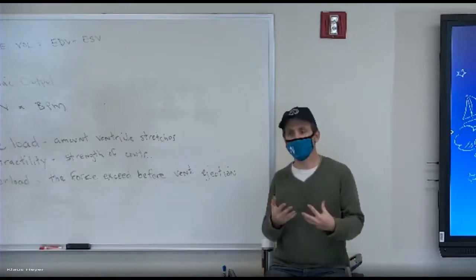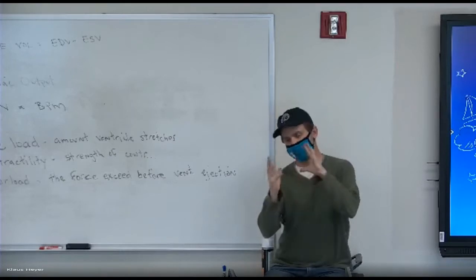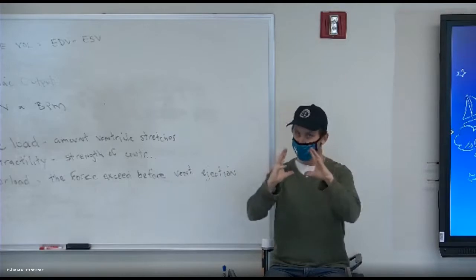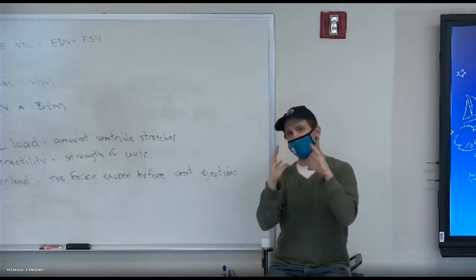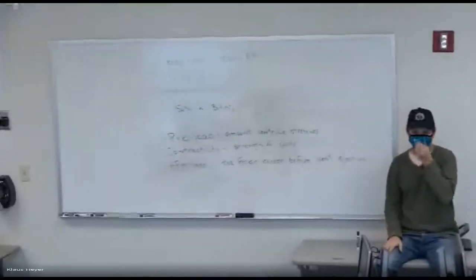What we're really talking about is the semilunar valve. How much pressure can we build up in that ventricle? Like the ventricle squeezing, how much pressure can we build up before those semilunar valves pop open and all the blood rushes out?